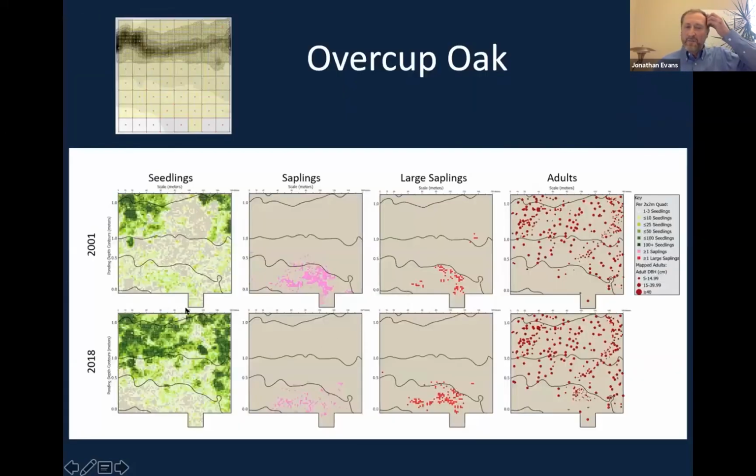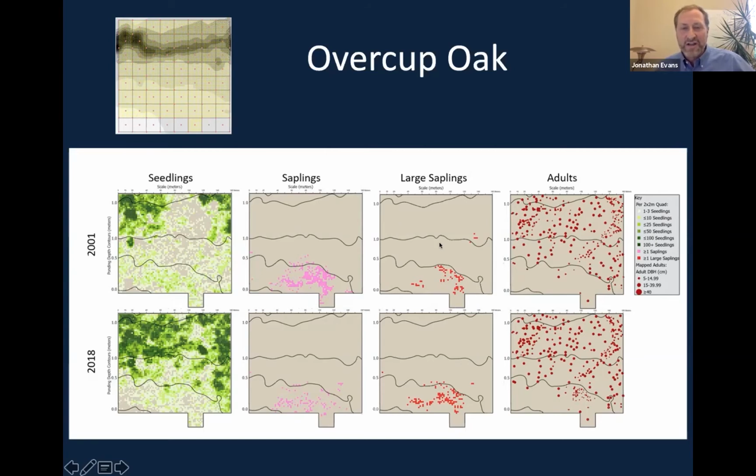So if you look at the distribution of these different life history states, seedlings, saplings, large saplings, and adults, one of the fascinating things is, and this is in 2001, and again, we recensused this in 2018, the 2 years are pretty much identical. So either year you can focus on here. This, as I said before, the seedlings tend to map the distribution of adults, but saplings are limited only to a discrete area, and then they only recruit even more specifically in that discrete area, and that's the shallow part, less than 0.5 meter deep water within the pond.